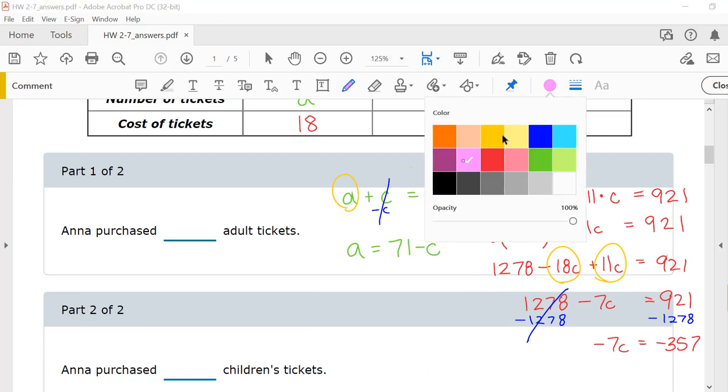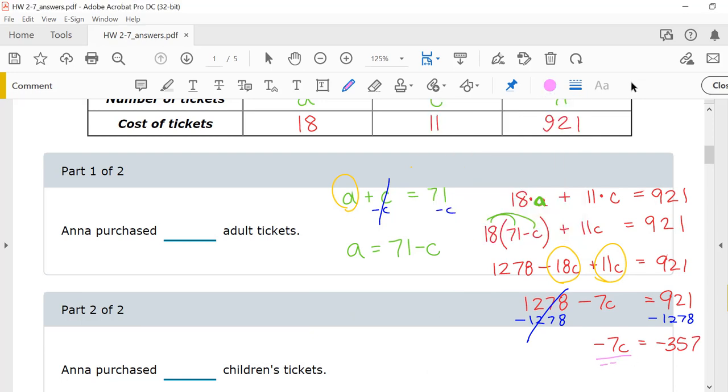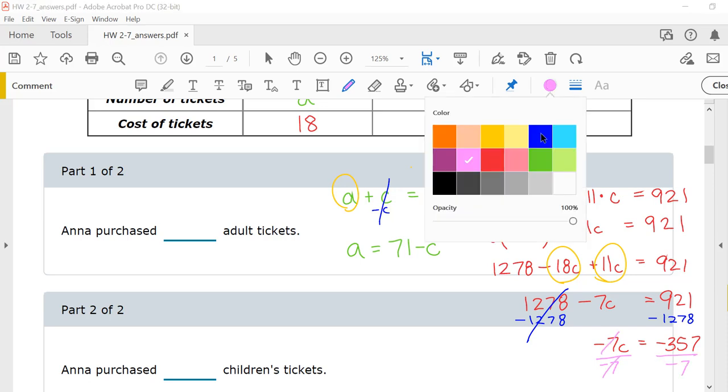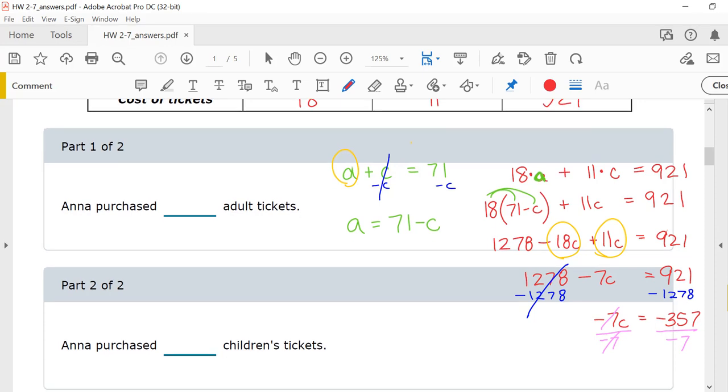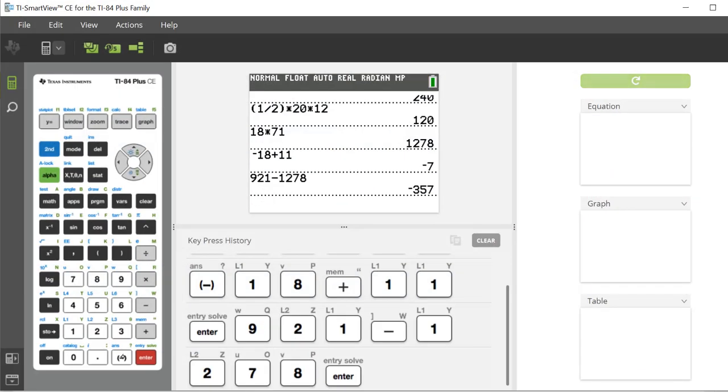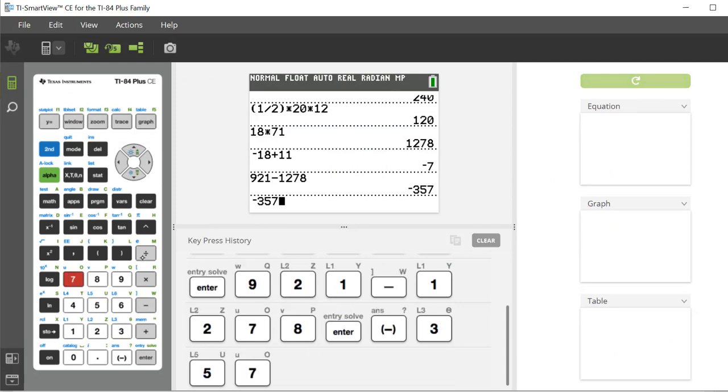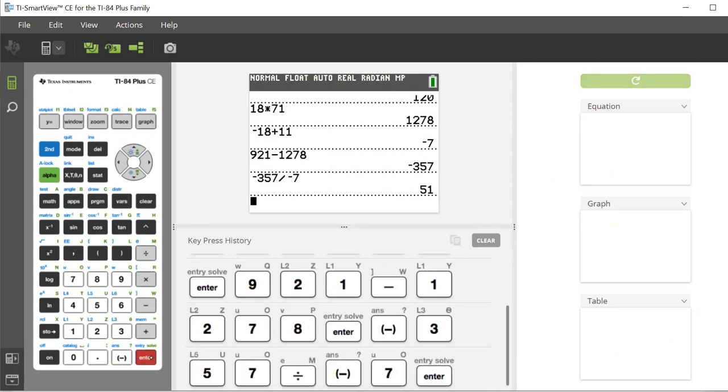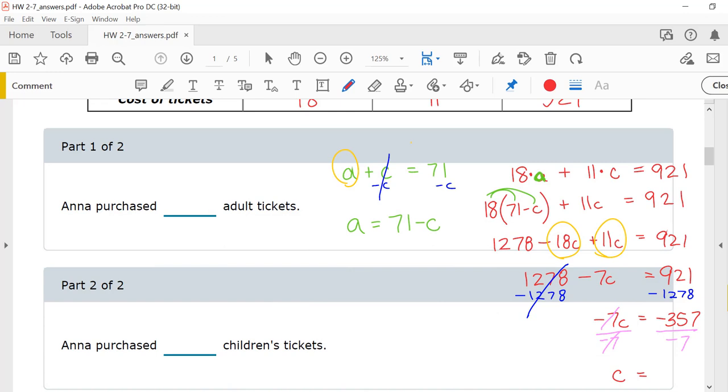Dividing both sides by negative 7, I have C equals, okay, negative 357 divided by negative 7. Negative 357 divided by negative 7 is 51.